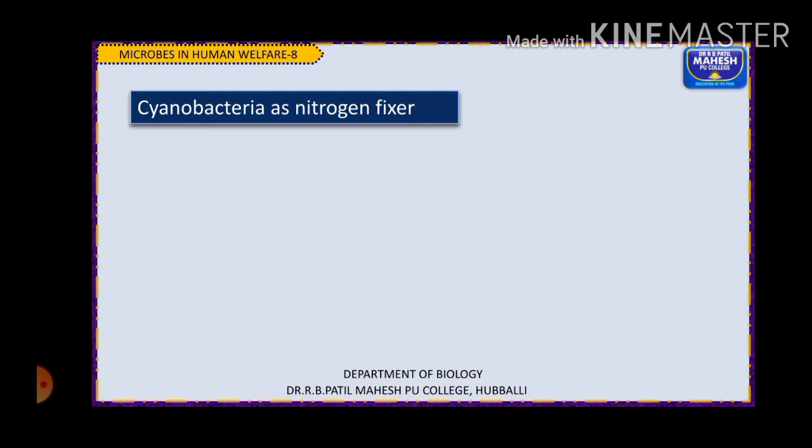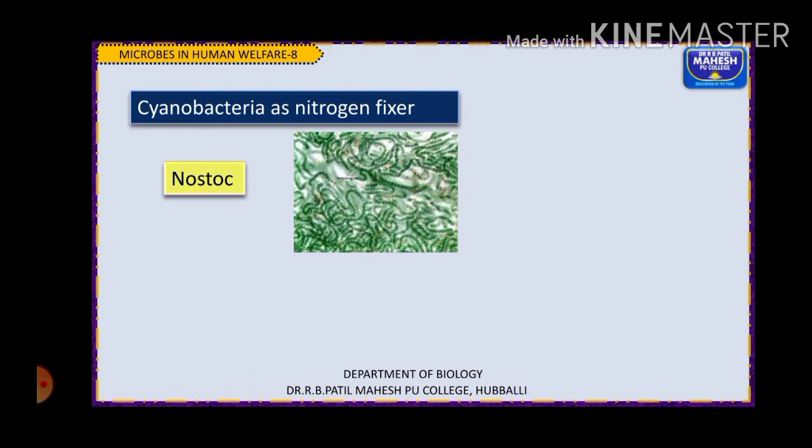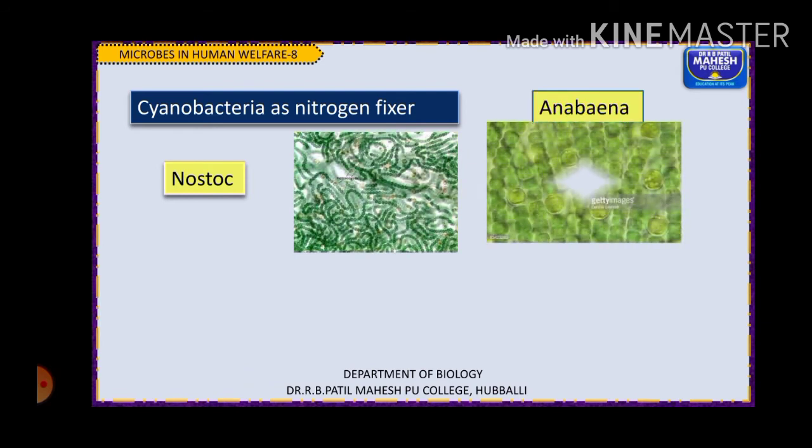Okay, coming to the next one, that is Cyanobacteria. So apart from bacteria, certain blue-green algae or the cyanobacteria also act as nitrogen fixers. Some of the nitrogen fixing cyanobacteria can be seen in the rice fields, such as Nostoc, Anabaena. Then also you have Oscillatoria, another example.